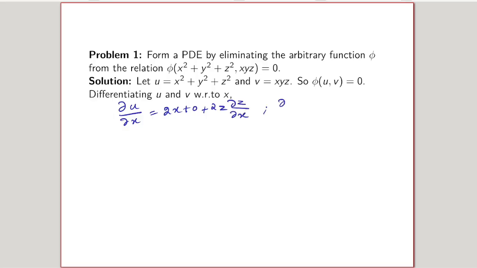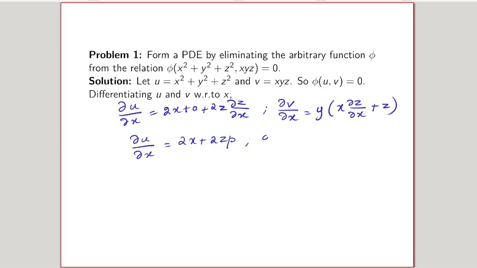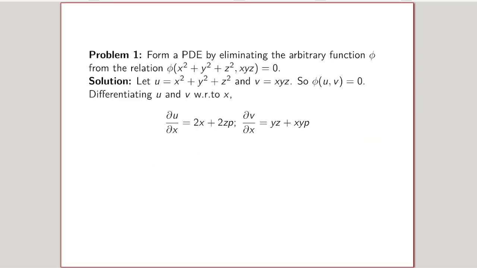Similarly, dou v by dou x will be, keeping y outside, x into dou z by dou x plus z alone. So dou u by dou x can be written as 2x plus 2zp, and dou v by dou x can be written as y into z plus xp. So this is what is written here.